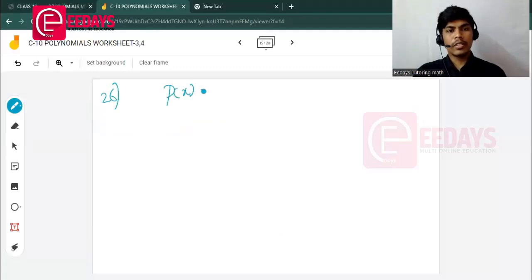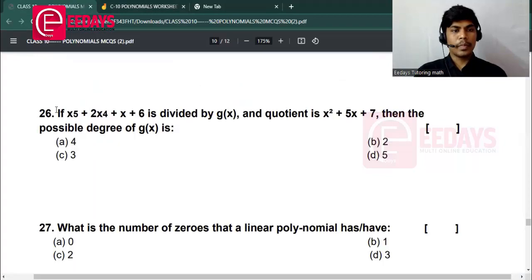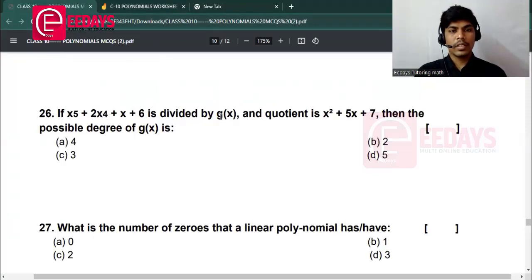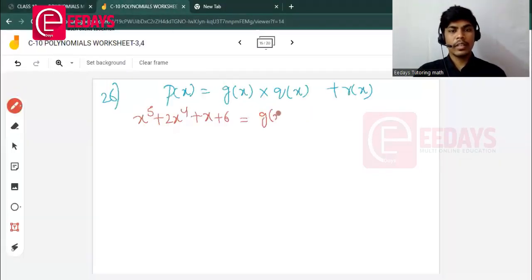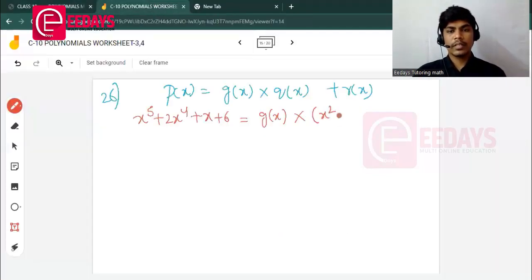the equation p of x is equal to g of x into q of x plus r of x, the remainder. Let us substitute all those things. p of x is equal to x power 5 plus 2x power 4 plus x plus 6. g of x is not given, and q of x is x square plus 5x plus 7, and the remainder is 0.